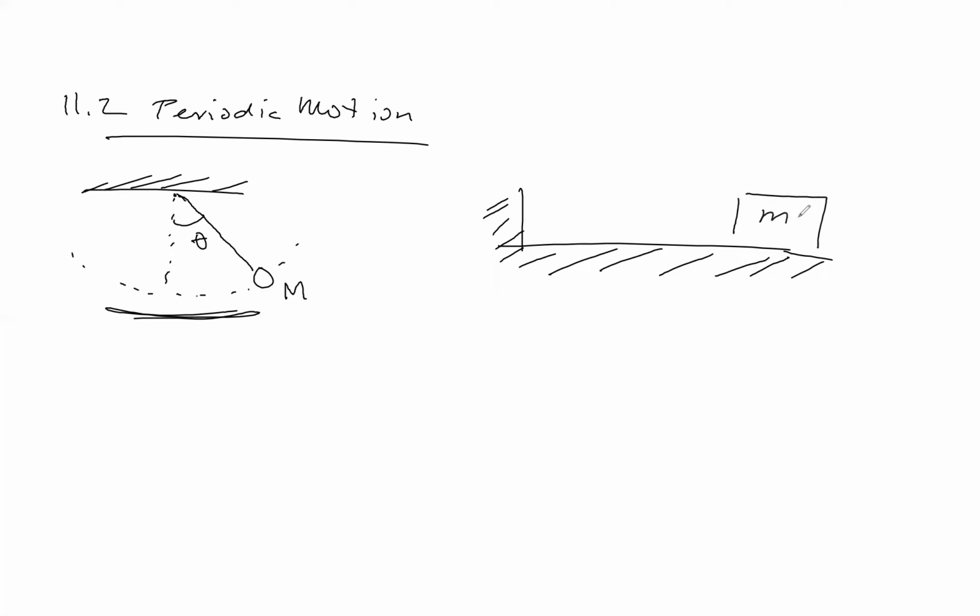So if I take some mass, and I'm assuming that this is a frictionless table, and I attach it to a spring, and I pull that spring out from some relaxed position, this x equals 0.